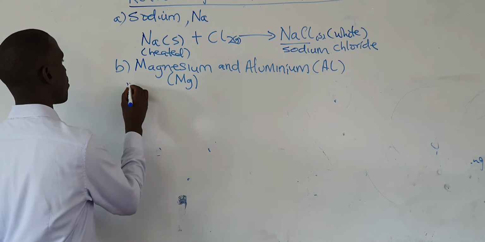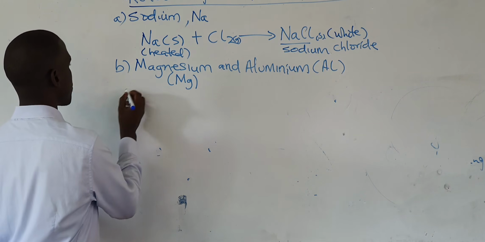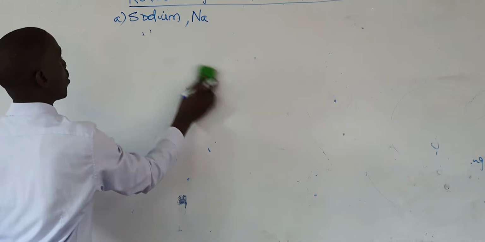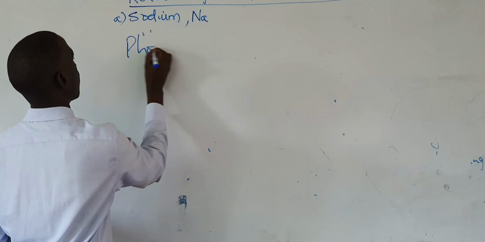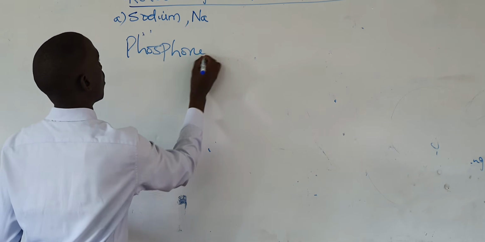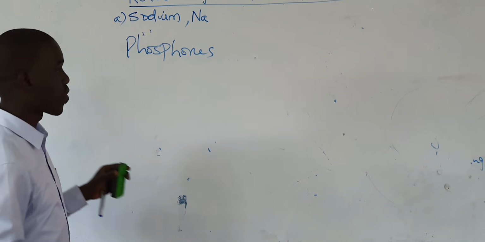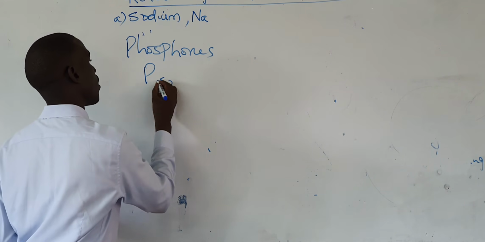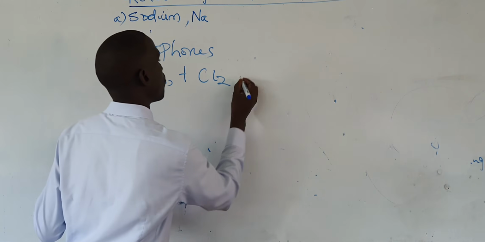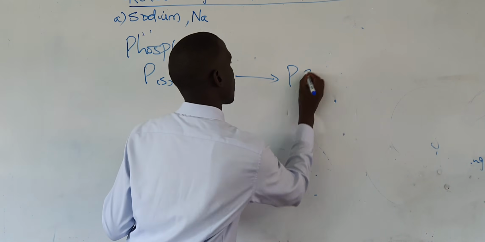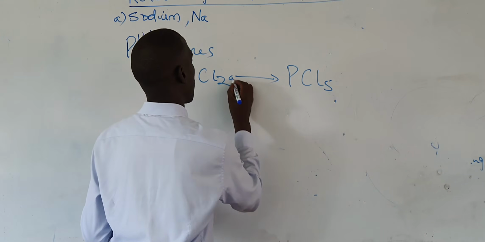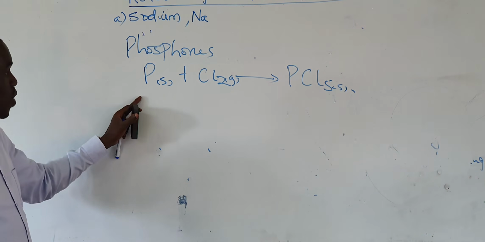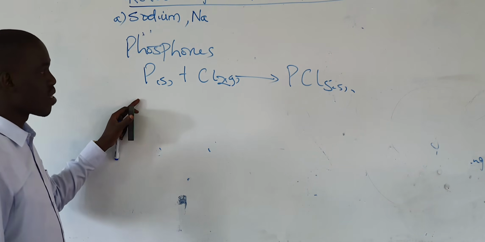Another one is phosphorus. The reaction of chlorine with phosphorus forms phosphorus pentachloride, a gas. Still we can do the balancing.